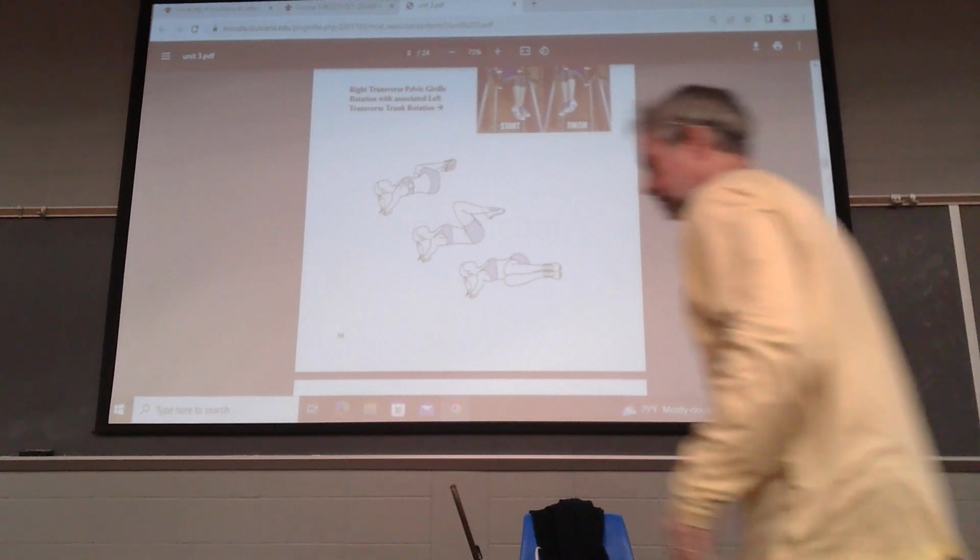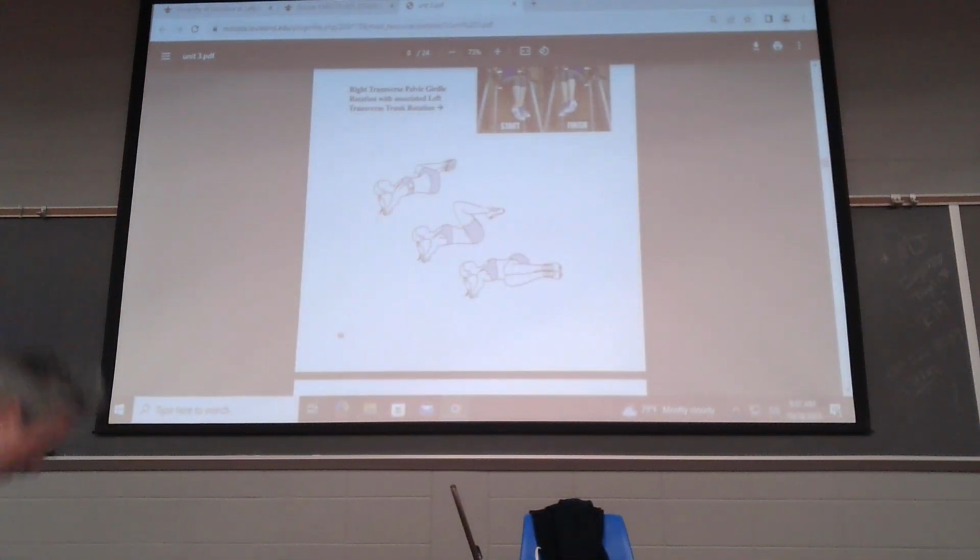If my pelvis is trying to spin me to the right and everything goes along for the ride, there's no way my arms are going to be able to stay on the ground. The only way my arms and my upper body can stay on the ground is if my pelvis rotates to the right and my trunk counters that by spinning to the left.